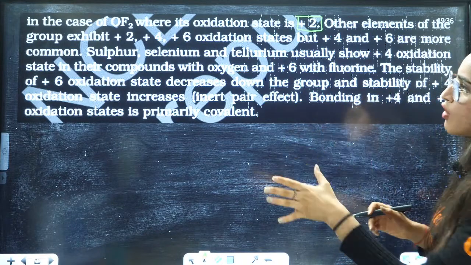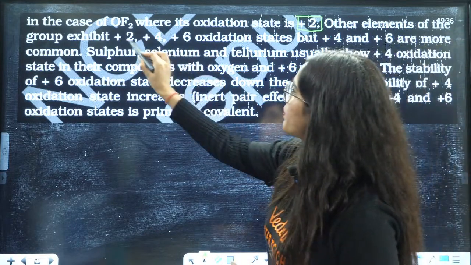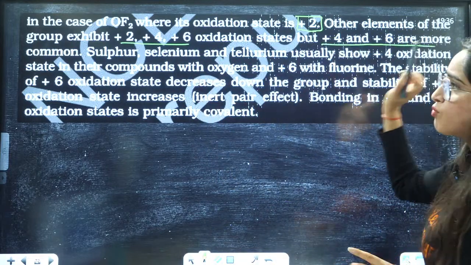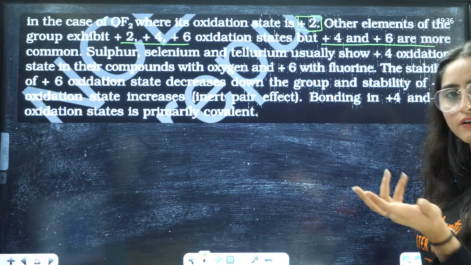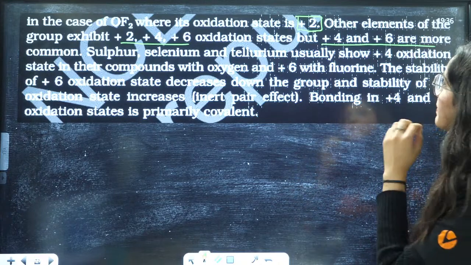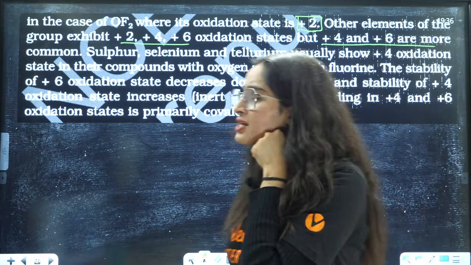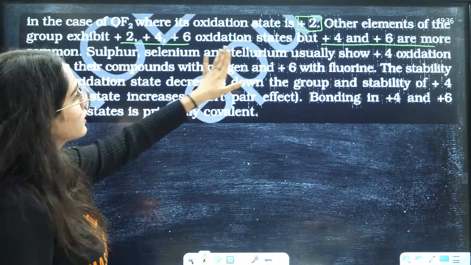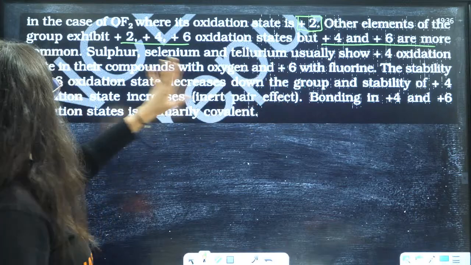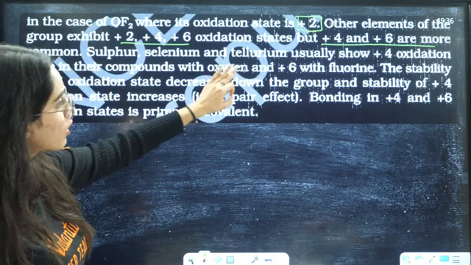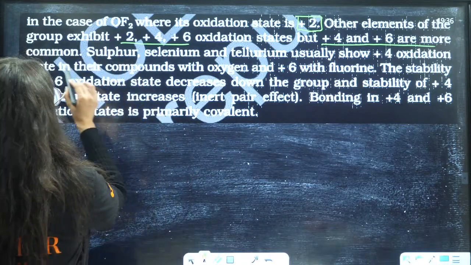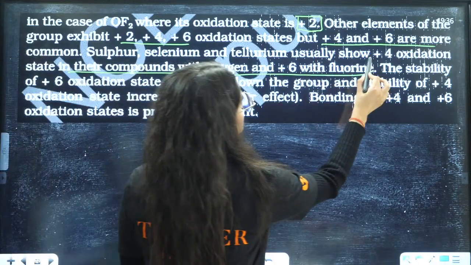Other elements of the group show +2, +4, +6 oxidation states, but +4 and +6 are more common, right? Sulfur will usually show +6 only. Sulfur, selenium, tellurium usually show +4 oxidation state in their compounds with oxygen, +6 with fluorine, right? +4 with oxygen and +6 with the fluorine.